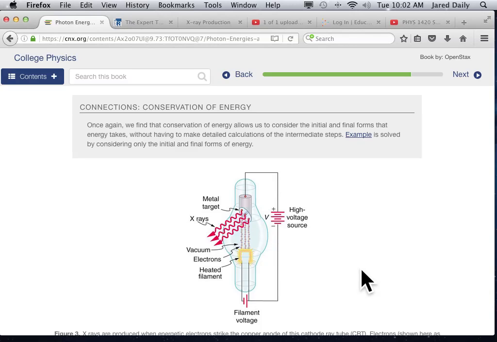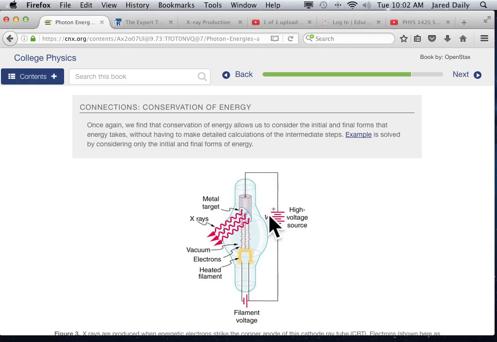Well, they wondered if the opposite would be true. What if we hammered metal with electrons? Could we get light out? And it turns out that if you shoot electrons at very high voltages into metal, you actually can get X-rays out. And that's how X-ray tubes are made. This X-ray tube here is a very typical X-ray tube.